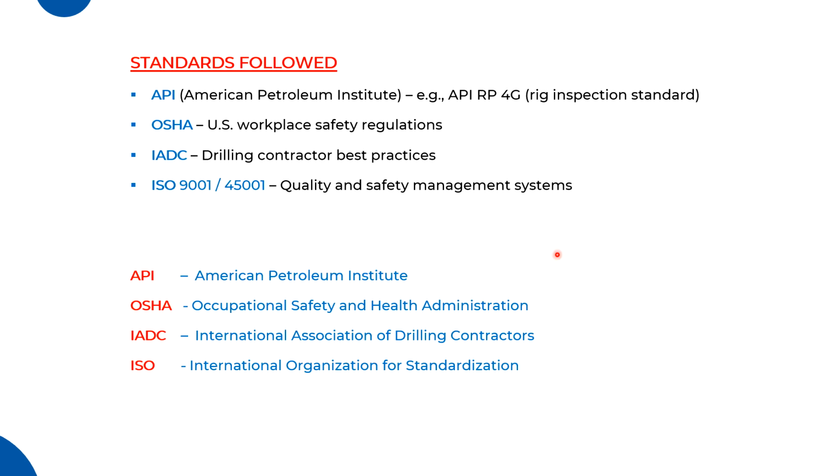So now here we will see what standards are followed for doing the rig inspection. Number one is API, that is American Petroleum Institute, OSHA, Occupational Safety and Health Administration, IADC, the International Association of Drilling Contractors, and ISO 9001, which is for quality, and 45001 is for the occupational health and safety management system.